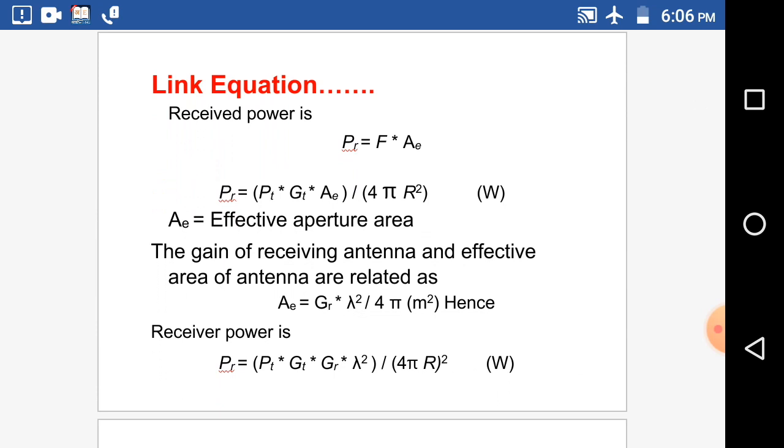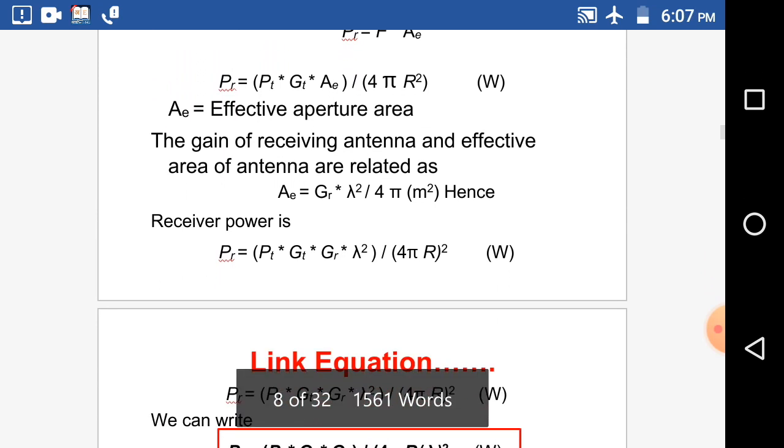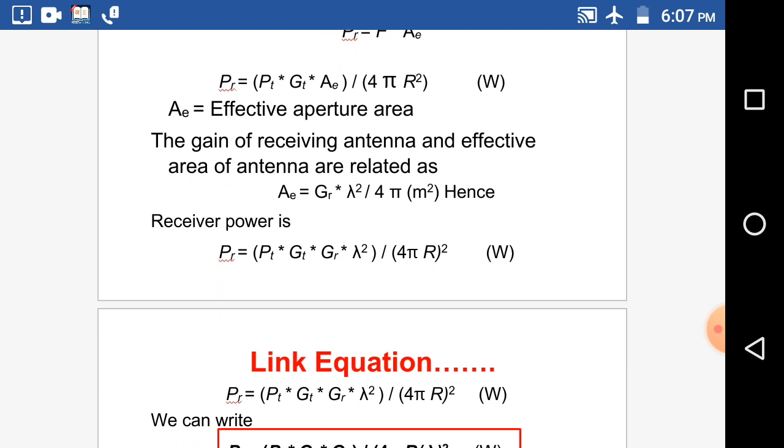In general, we can say the power received by a receiving antenna is equal to power density times the effective area of the antenna. We know power density or flux density from a previous slide, which is nothing but PT times GT divided by 4 pi r square.